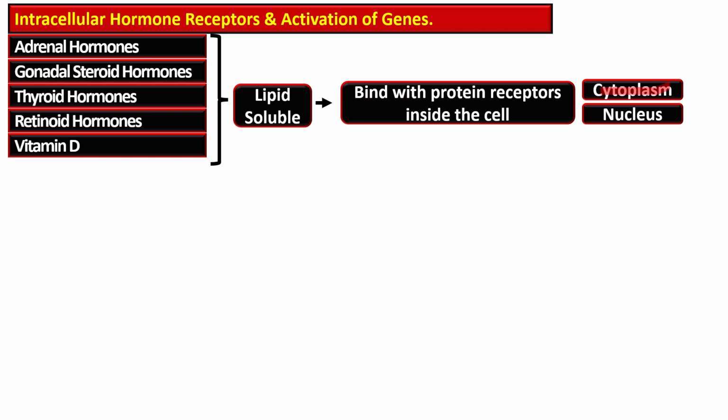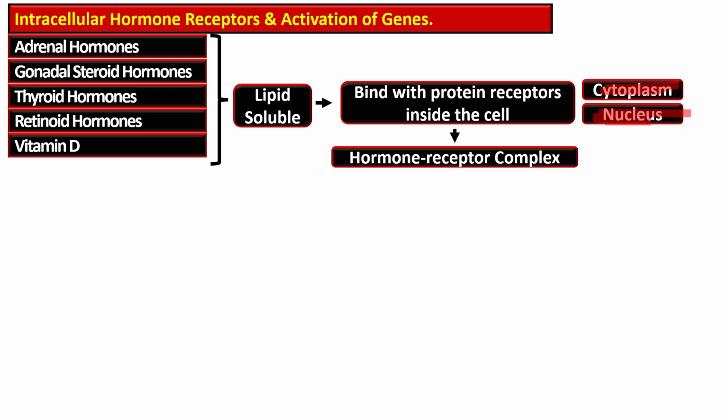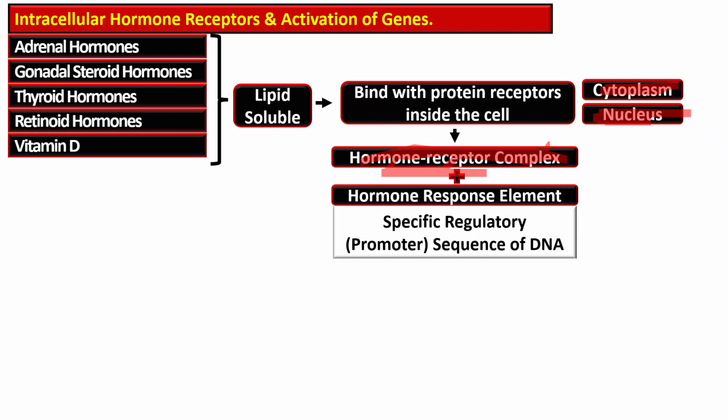These cellular receptors are located within the cytoplasm or in the nucleus. Then they form the hormone receptor complex. This hormone receptor complex is then shifted to the nucleus, where this complex binds with the hormone specific element.